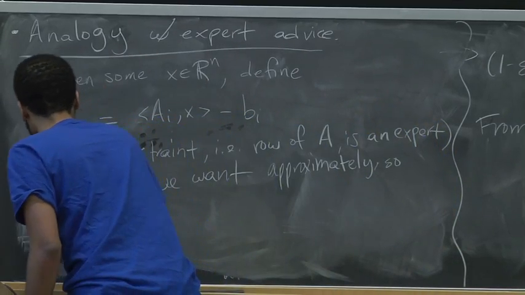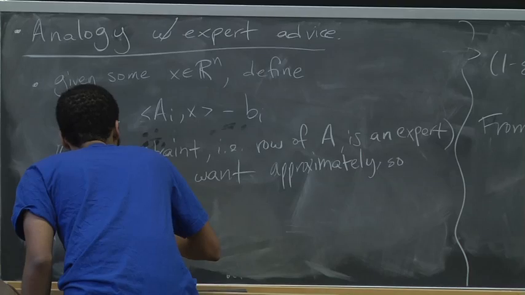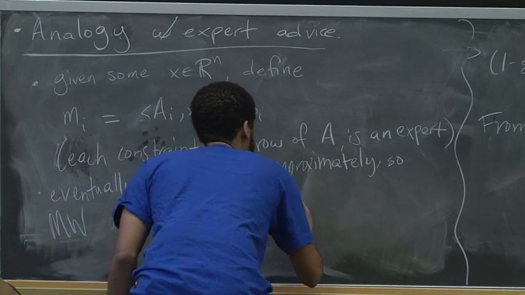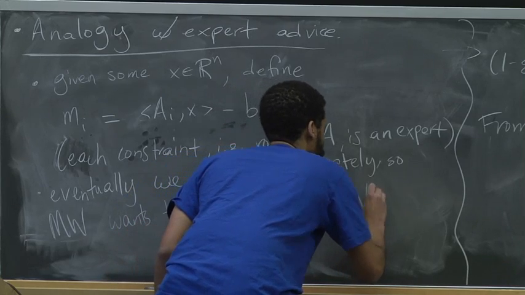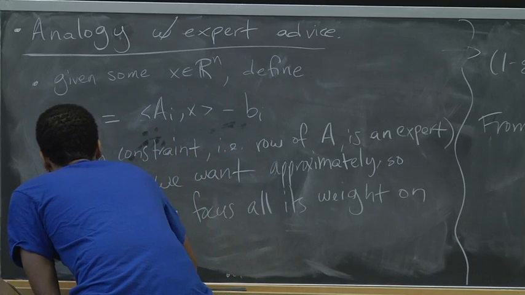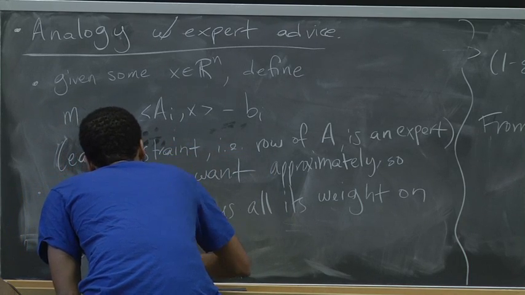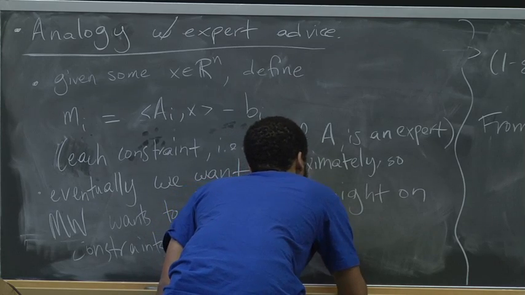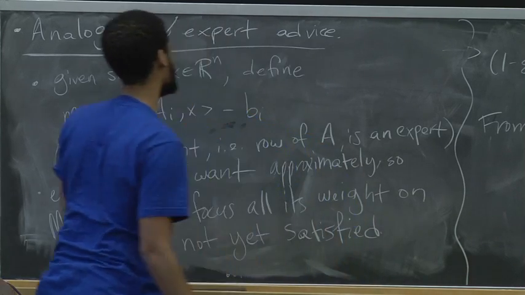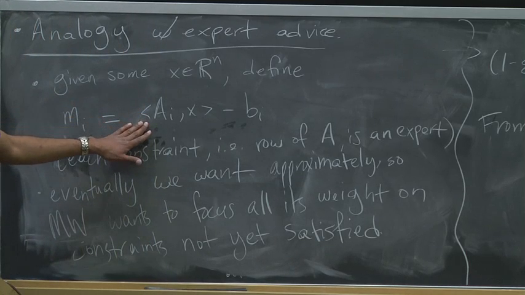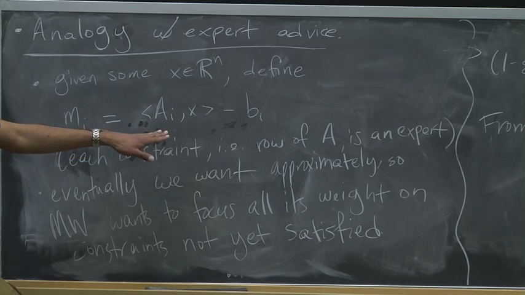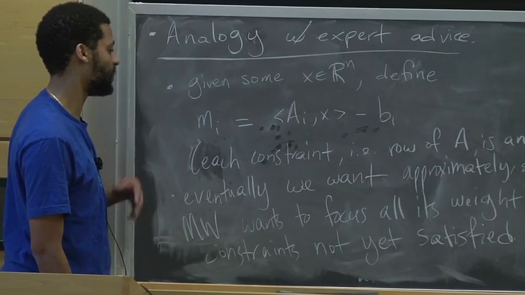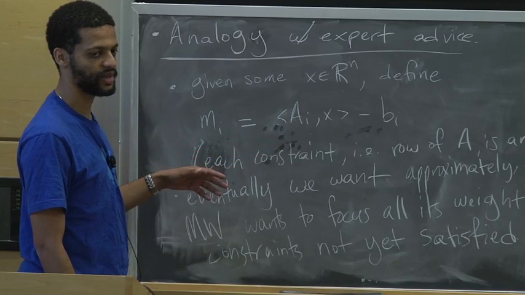So multiplicative weights wants to focus all its weight on constraints that are not yet satisfied. If something is very well satisfied, we're going to spend less effort on it in the future iterations. Whereas if it's not satisfied, then we're going to pay more attention to it.